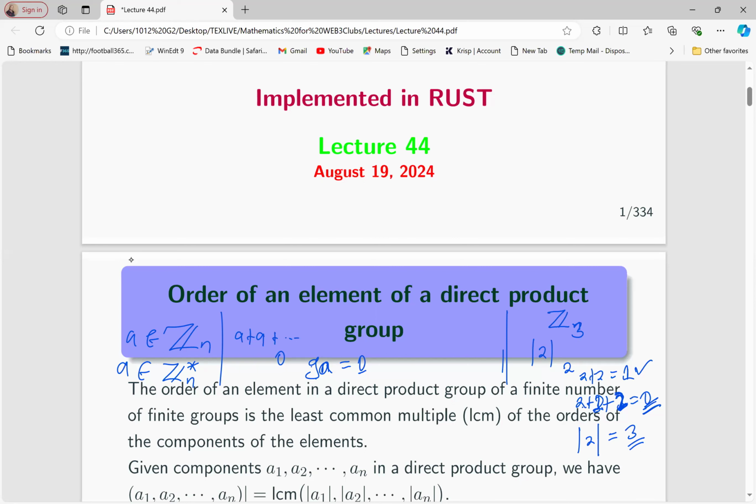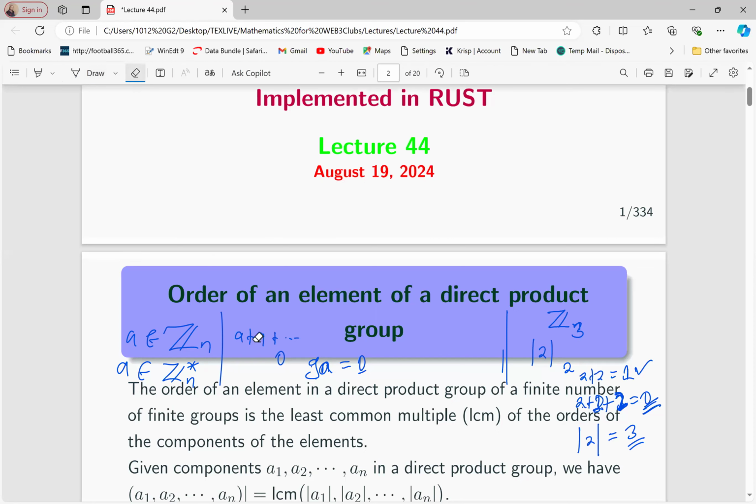Then in the multiplicative group, what was the order of A? The order of A was the number of times I would multiply A to itself to get the identity 1. So for instance, let me take a group like Z3, the multiplicative group.